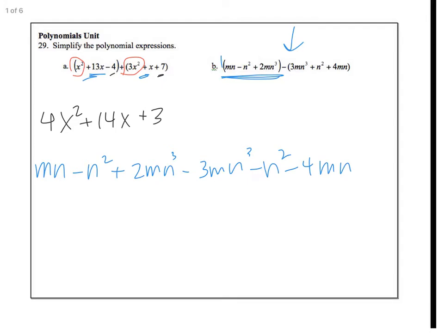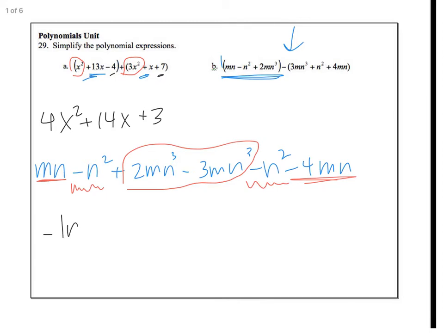Now let's focus on like terms. Mn can go with mn, n squared with an n squared, and then my mn cubed can go together. So the mn cubed is going to go first when I rewrite this. So I have 2mn cubed minus 3mn cubed.